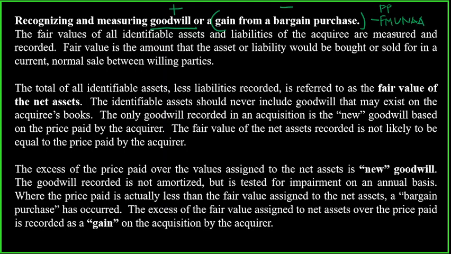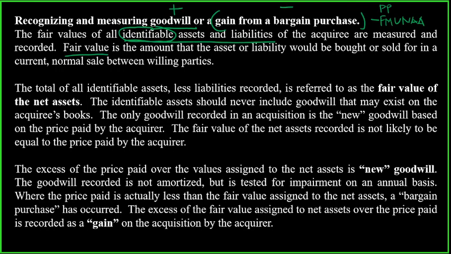Now, okay, let's try to read this. The fair values of all identifiable assets and liabilities. Take note of that. Just the identifiable assets and liabilities of the acquiree are measured and recorded. Fair value is the amount that the asset or liability would be bought or sold for in a current normal sale between willing parties.